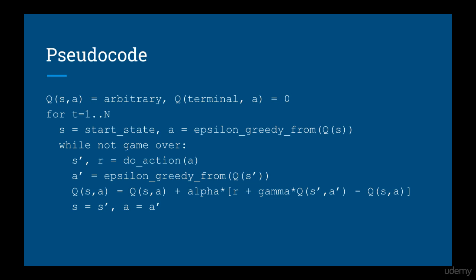We do the action A to get to the next state S prime and the reward R. We then choose the next action based on epsilon greedy and the current Q. We call this A prime. Next, we do our update for Q of S and A, which depends on Q of S and A, R, and Q of S prime A prime. Lastly, we update S to be S prime, and we update A to be A prime.